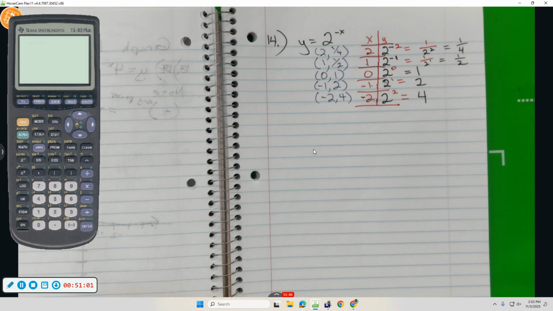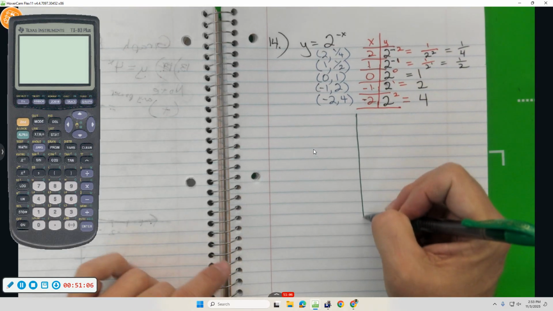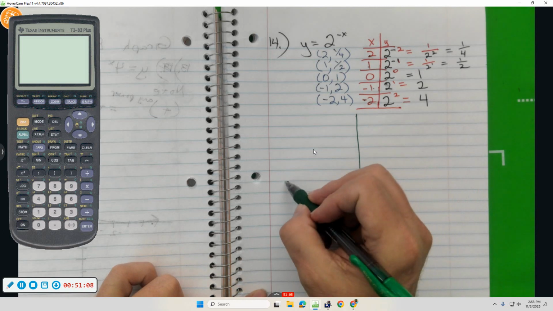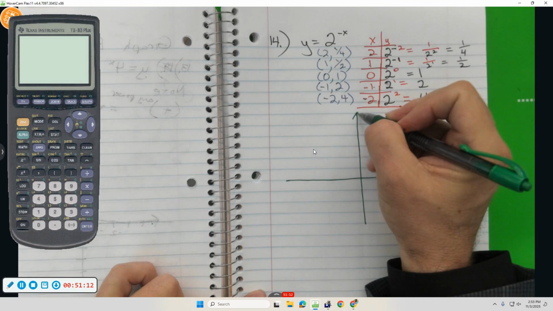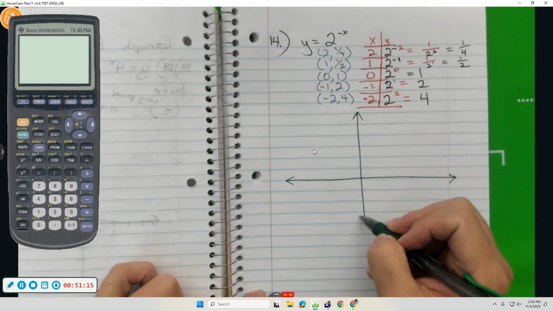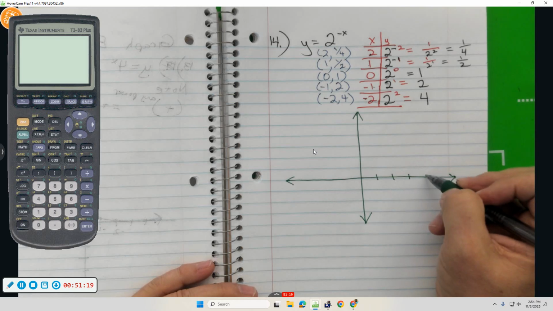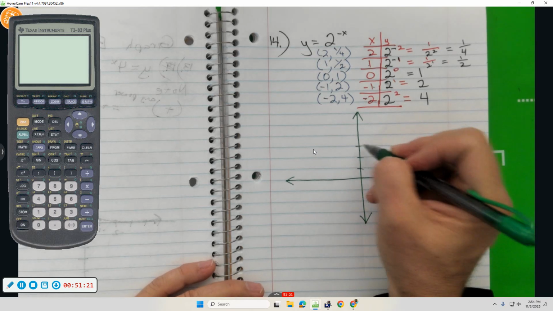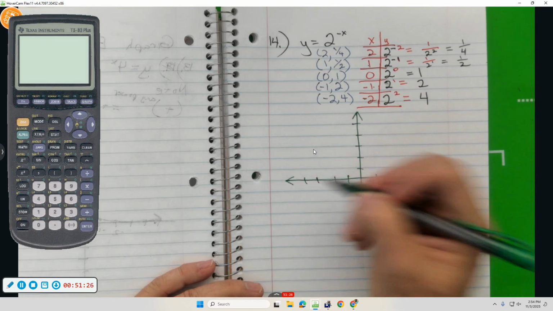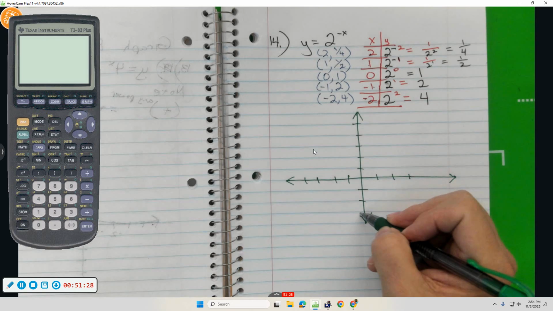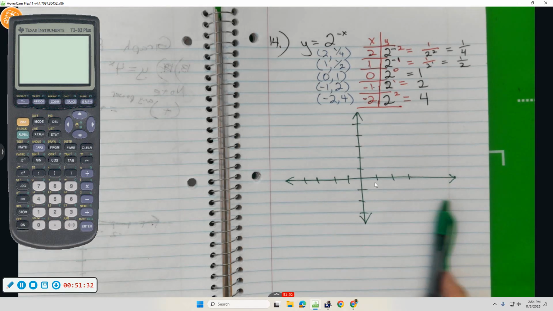We draw our XY grid. Are we going to have any of the graph drawn down here below the x-axis?